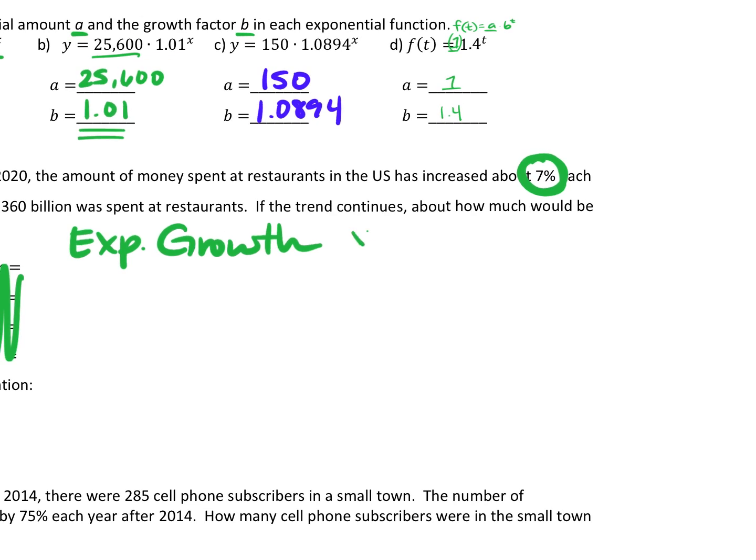It's going to be y equals, you'll still have your a, which is your starting amount. And then it will be 1 plus r, and you will take it to the t power. Okay, here's what I need you to understand about this. A is still the initial amount.